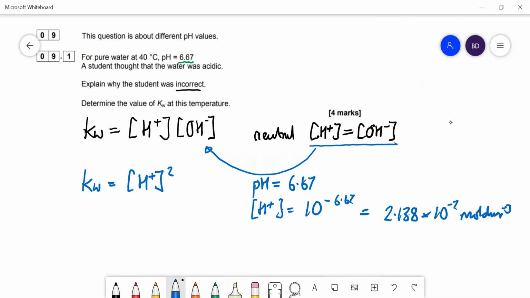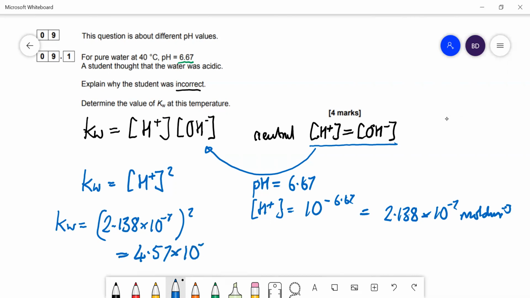Right, so let's work out Kw at this temperature then. Kw is equal to that squared, 2.138 times 10 to the minus 7 all squared, which gives us 4.57 times 10 to the minus 14 mole squared dm to the minus 6.